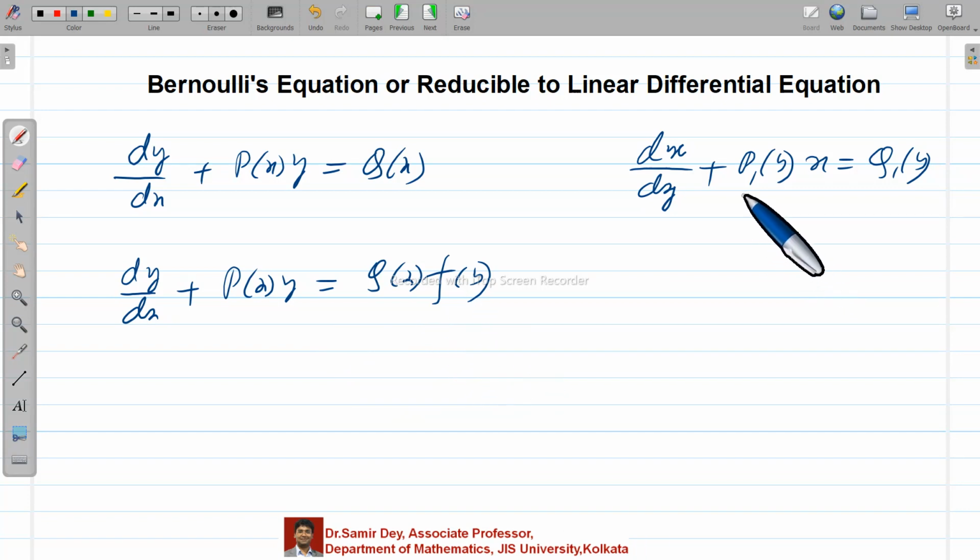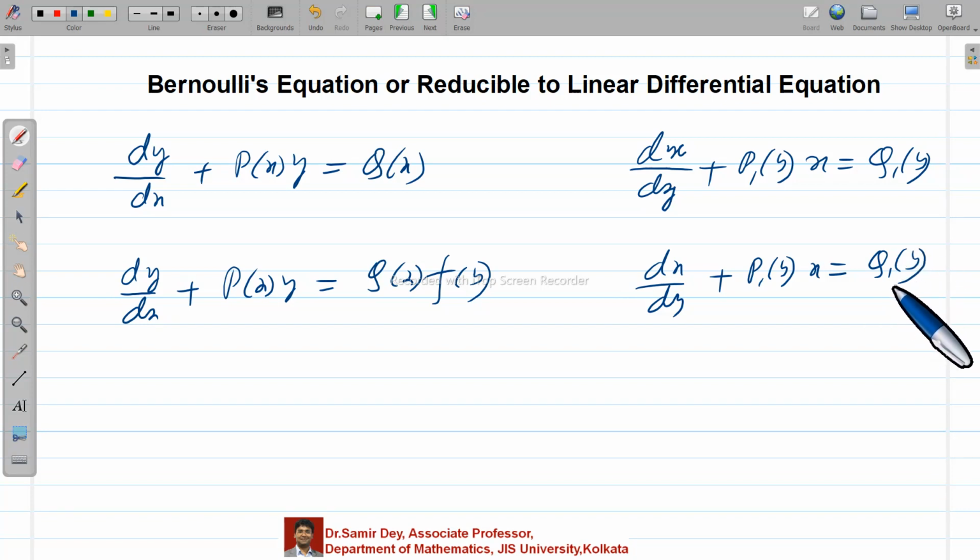Okay, same thing is here also. If you can see dx dy is here plus p1y into x is equals to q1y is here. But if you have some another function of x is here, then it is called a Bernoulli's equation of x with respect to y.